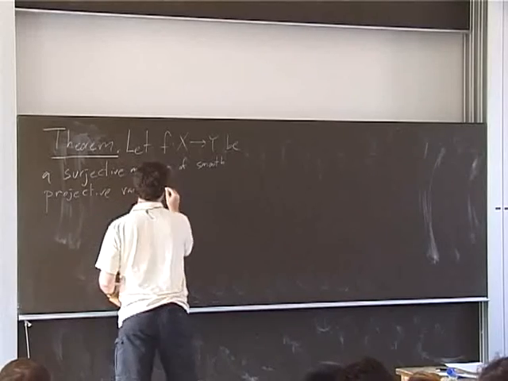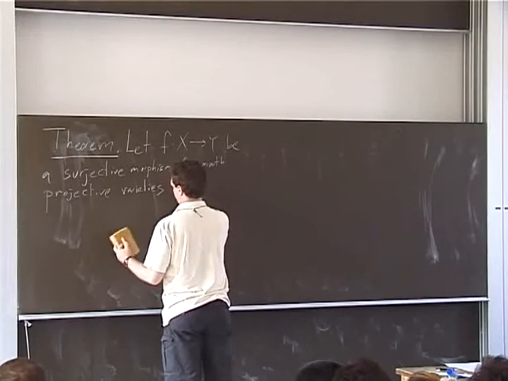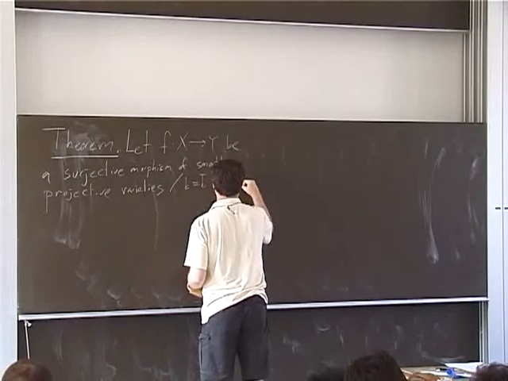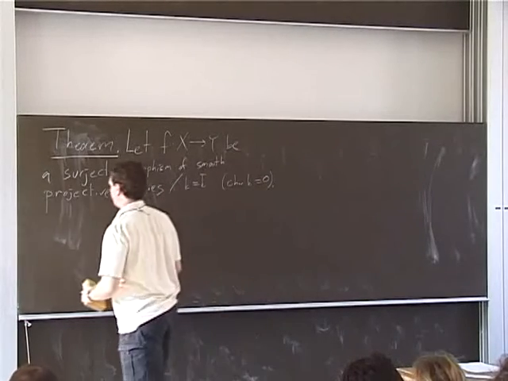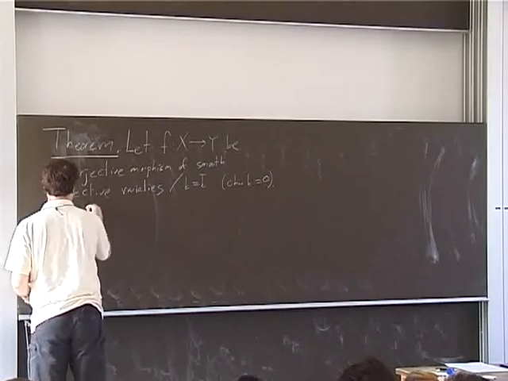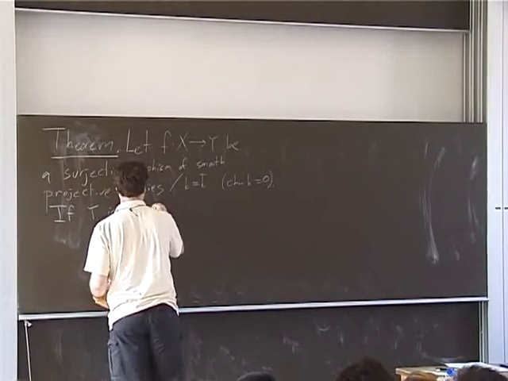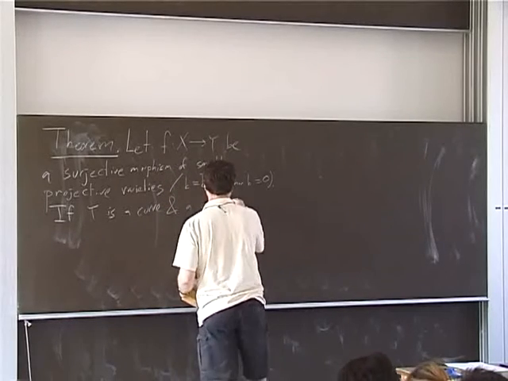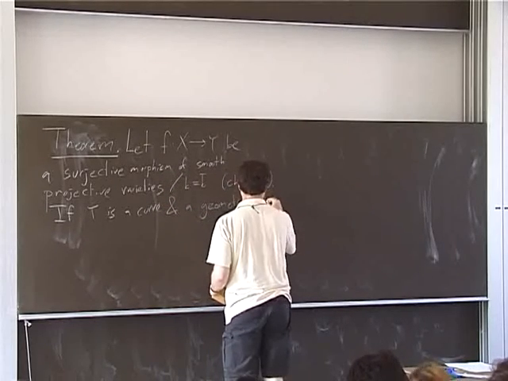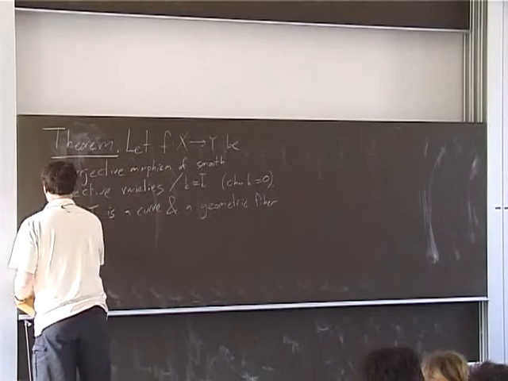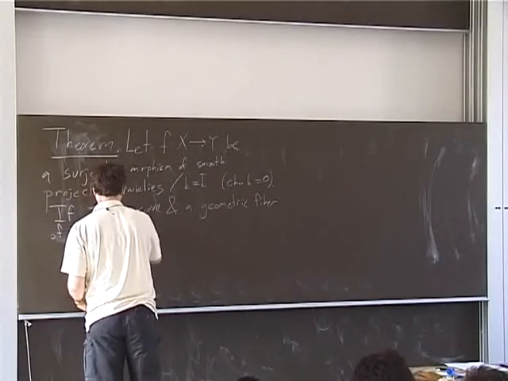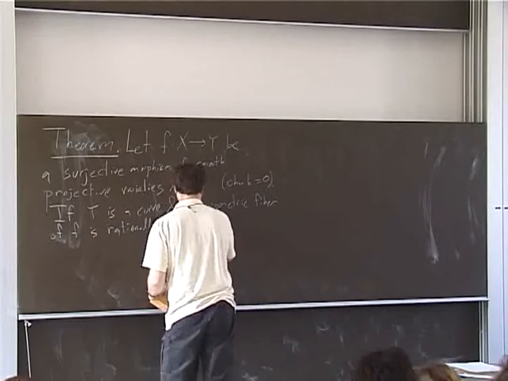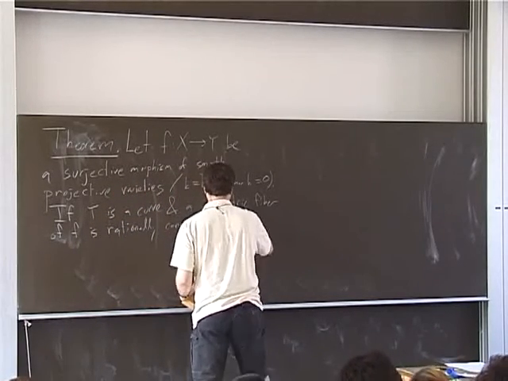Important. I mean, there is a version that works in positive characteristic as well, but that's what I'm proving over k equals k bar. And then if Y is a curve and a general fiber, i.e. the geometric generic fiber of f is rationally connected, then there exists a section.